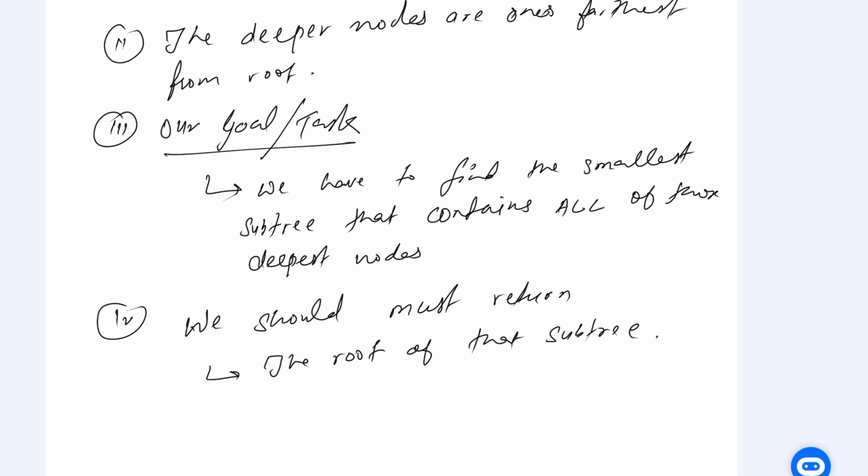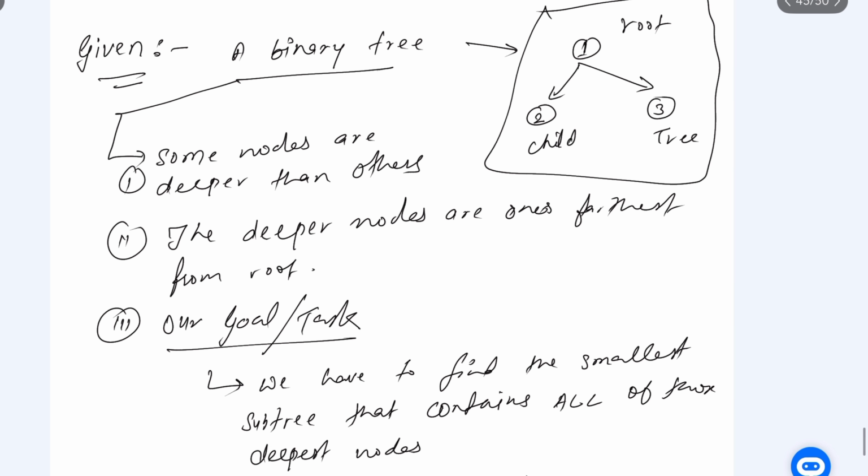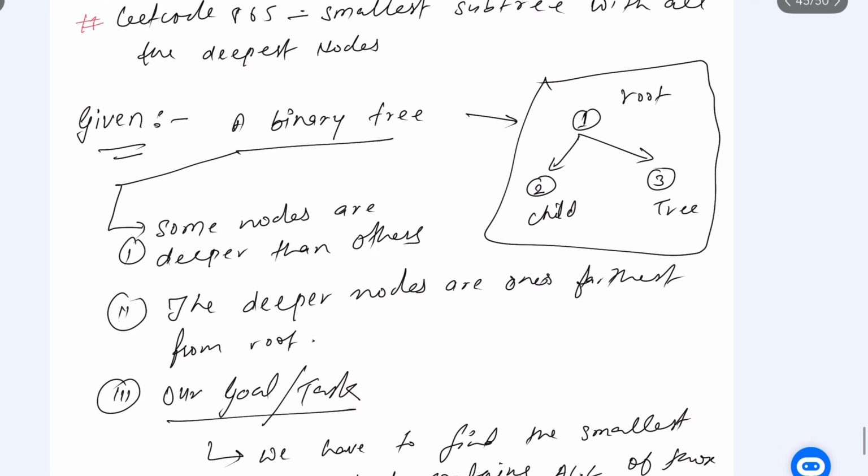What is the question saying? Leetcode 865, smallest subtree with all the deepest nodes. What we are given is a binary tree, where there is a root, and it can have one child or more than one child.